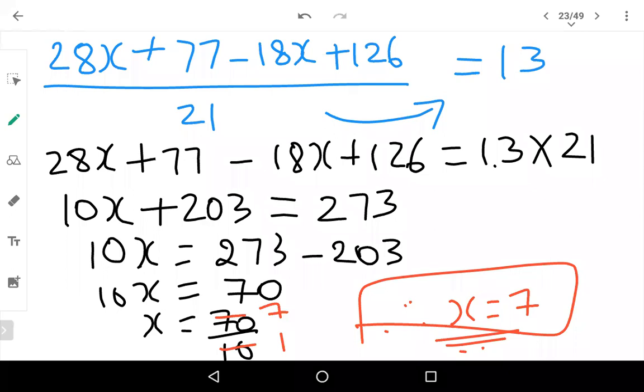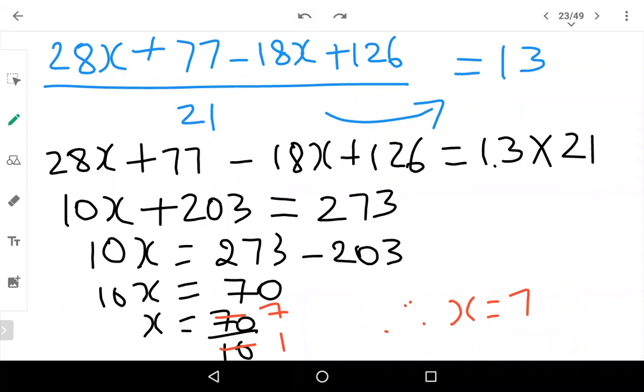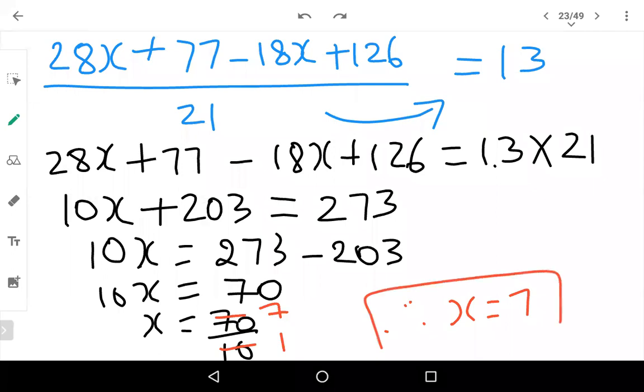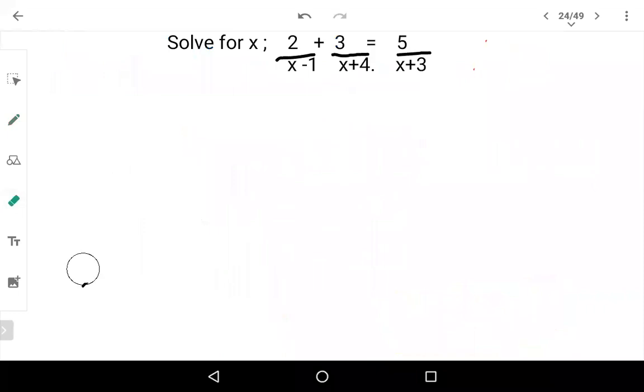Correct, Anusha. x is equal to 7. Understood? Any doubt?